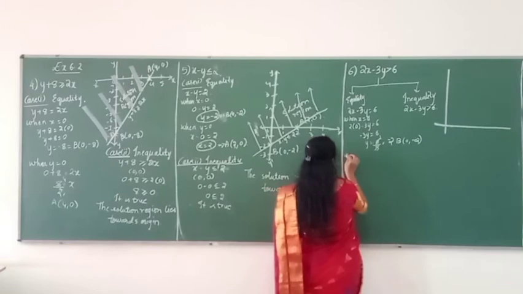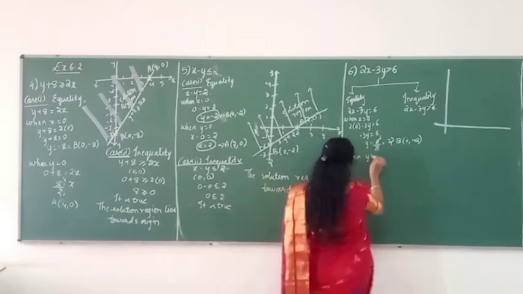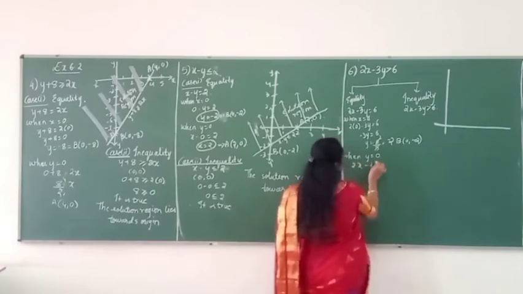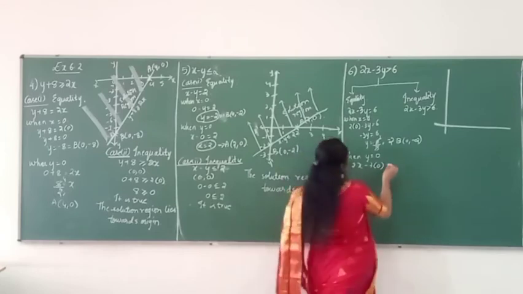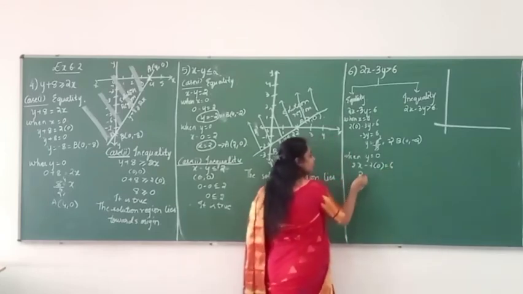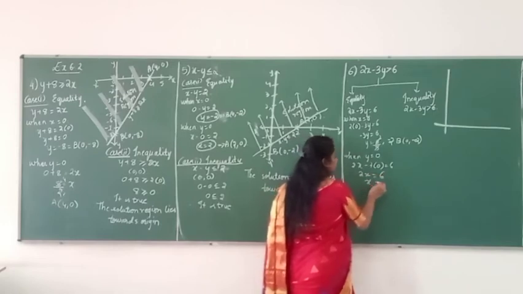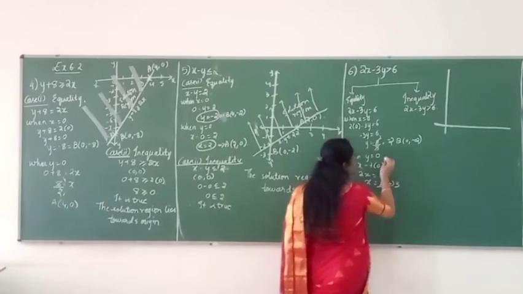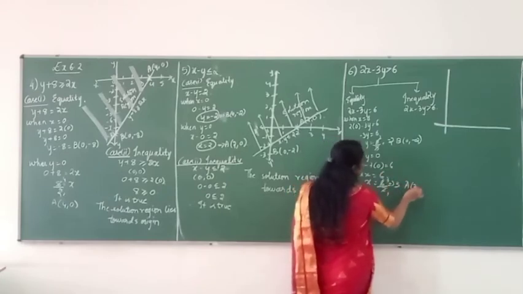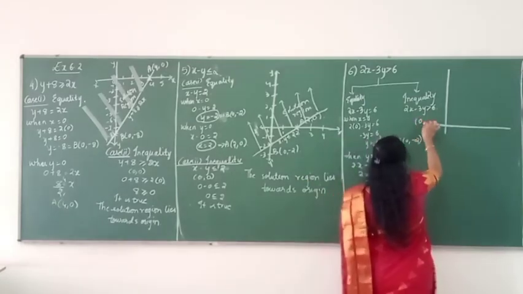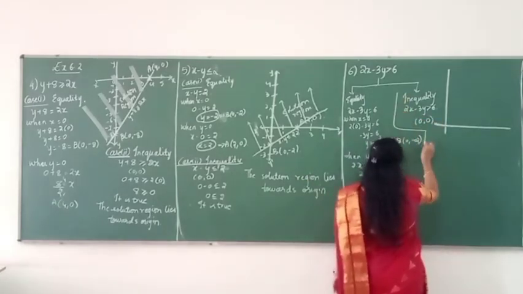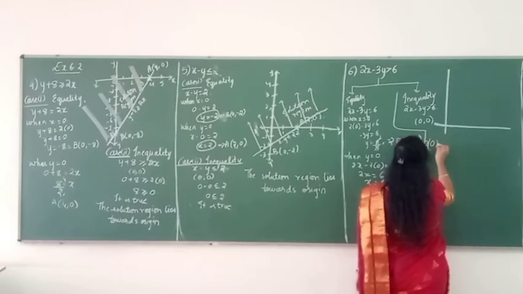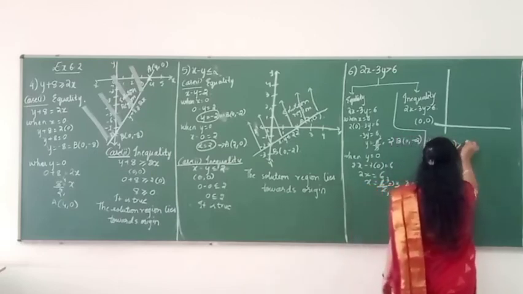Okay. Next, when we move with the A point, it will be when y is equal to 0. So it is nothing but 2 into x minus 3 into 0, fine, is equal to 6. So it will be 2x is equal to 6. Therefore x is equal to 6 by 2. So 2 ones are 2, 2 threes are 6, which is nothing but your answer is 3. So your A point is nothing but 3 comma 0. Just substitute 0 comma 0. So when I substitute 0 comma 0, it will be 2 into 0 minus 3 into 0 is greater than 6.